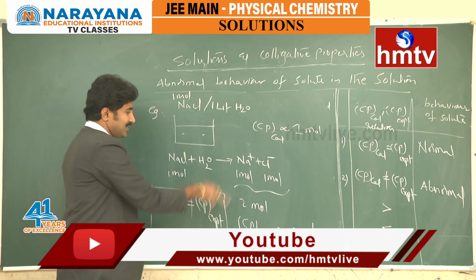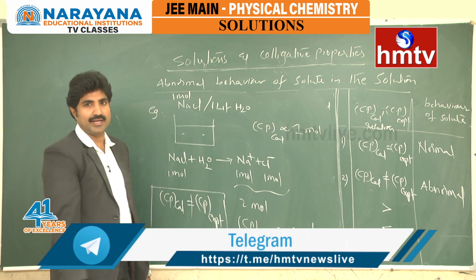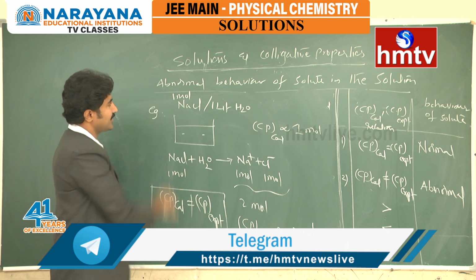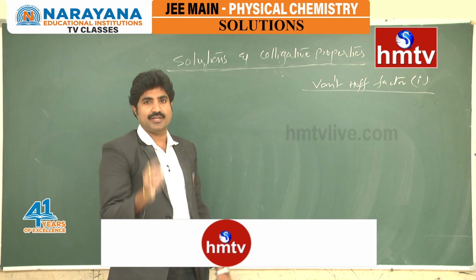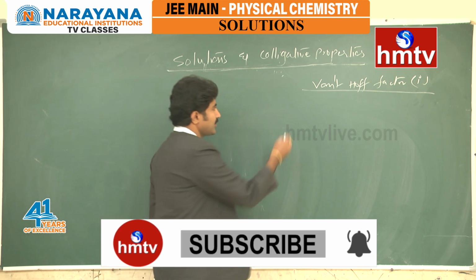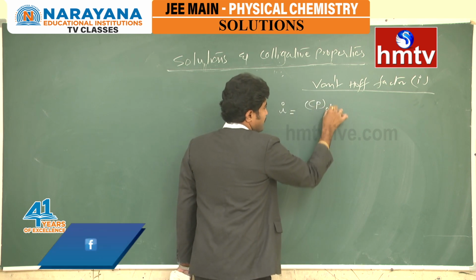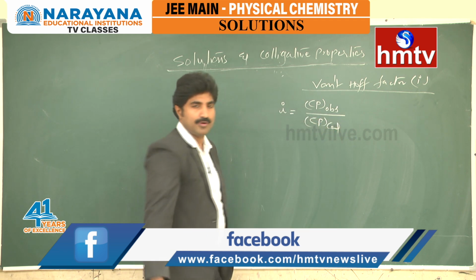To understand this explanation, Van 't Hoff introduced the Van 't Hoff factor i. In terms of the Van 't Hoff factor i, we can understand this abnormal behavior. So Van 't Hoff introduced a factor i to explain the abnormal behavior of solute in the solution. Mathematically, it is defined as the ratio of observed colligative property to calculated colligative property.